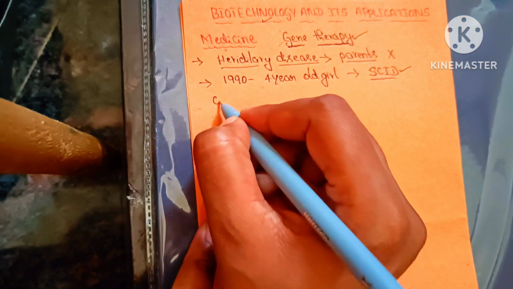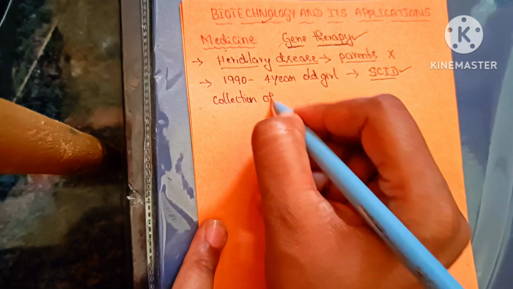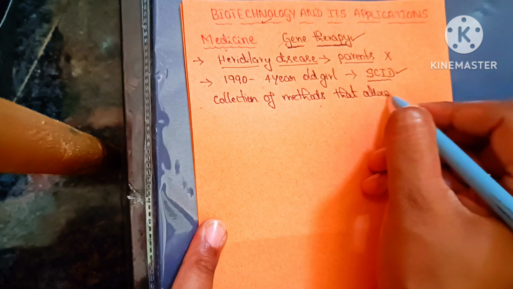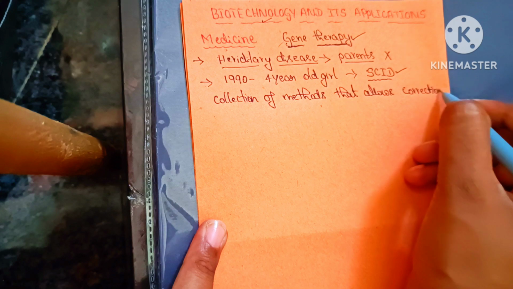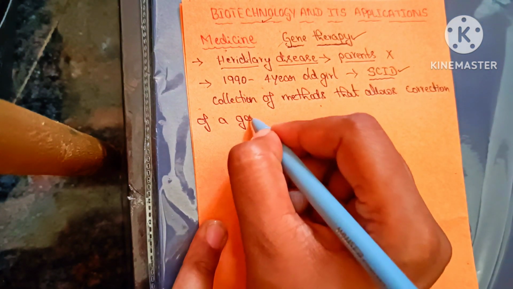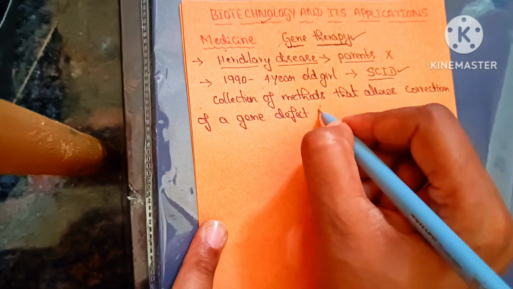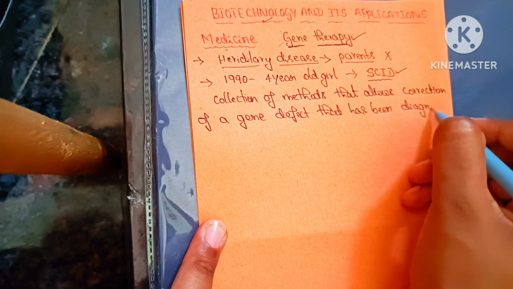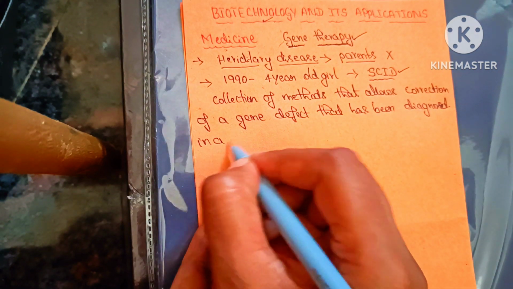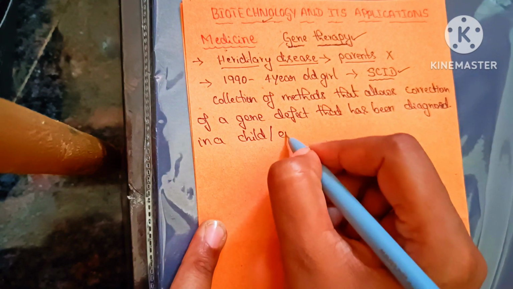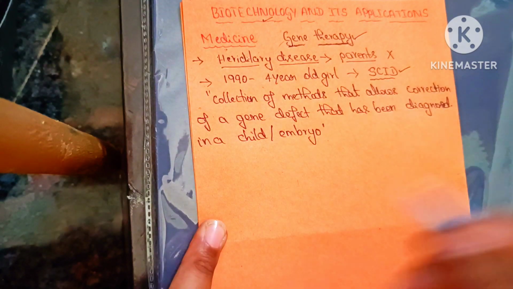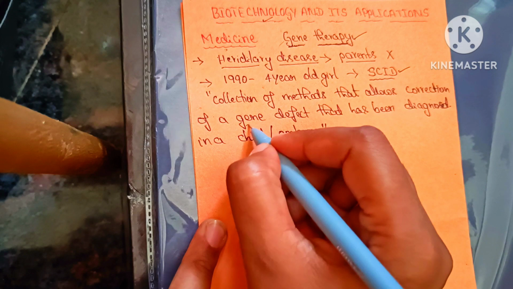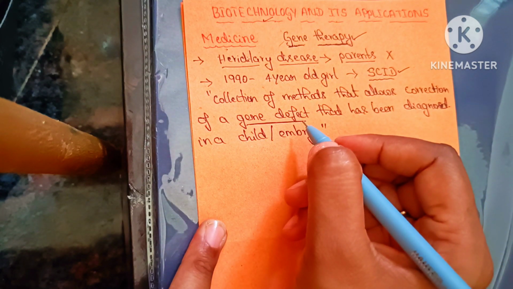Gene therapy is the collection of methods that allows correction of a gene defect that has been diagnosed in a child or embryo, which means if a child is diagnosed with some conditions or some gene defects, the gene is responsible for production of some enzymes or hormones.